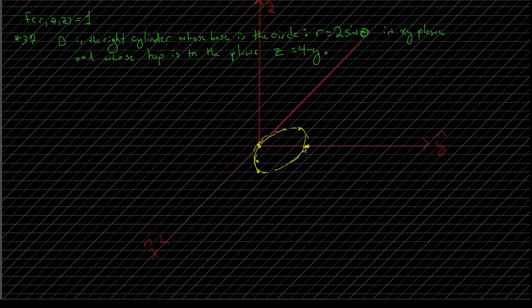There's my circular region that forms the base of this in the xy plane. So there's the base of the circle. Then this rises up in z. So I'm going to put some of these parallel to the z-axis, just so I have some markers.